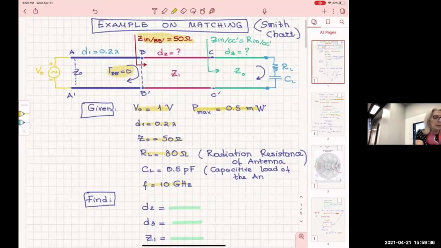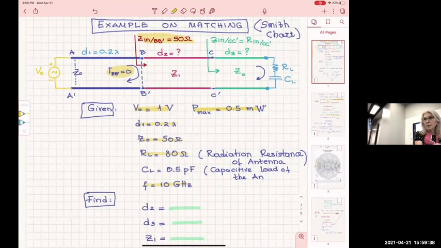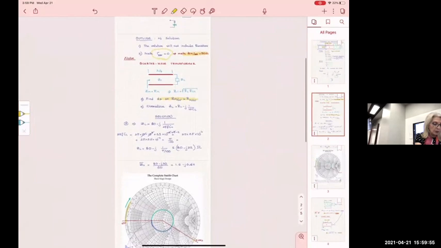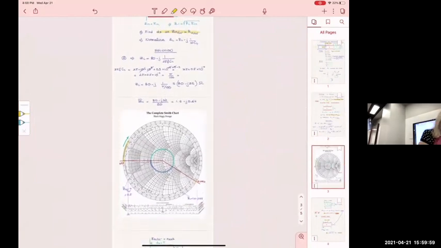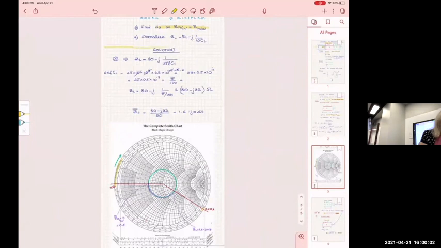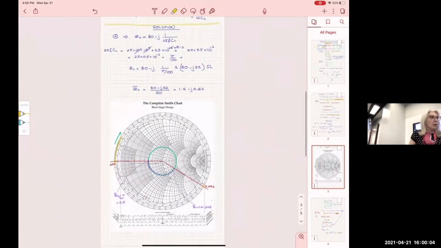That's where it drove me into deciding that my input impedance at CC prime has to be real, which then gave me an opportunity while I was looking for this input impedance to also find D3. And that's how we solve the problem. The moment you have the outline, look at the solution. The solution is from there down here. It's not very long. The moment you know how to solve it, the moment you know the how.